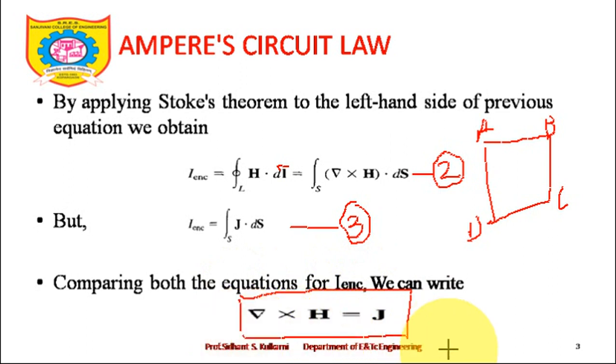This is also one of Maxwell's equations. This is the second Maxwell's equation: del cross h bar is equal to j bar. Remember this, very, very important. So the curl of magnetic field intensity is equal to the electric current density. Now see, this magnetic field intensity is related to what?